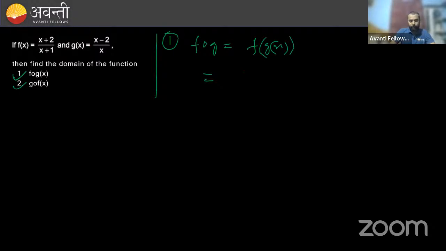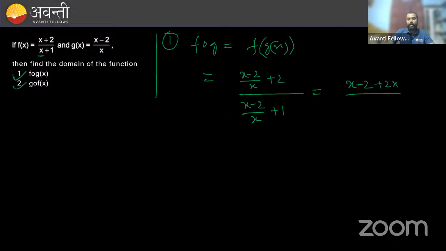So (x minus 2) divided by (x plus 2) divided by... in place of x will give the input as (x minus 2) upon (x plus 1). Right, simplify it. So we'll get x minus 2 plus 2x divided by x minus 2 plus x divided by x.